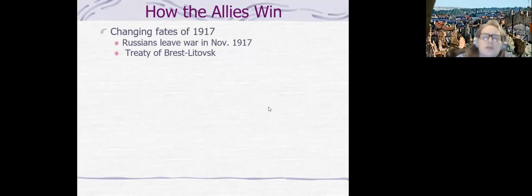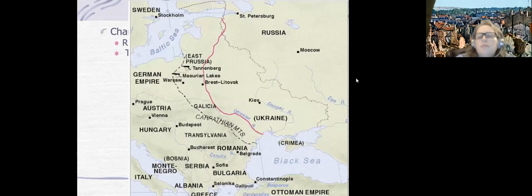Now, the Treaty of Brest-Litovsk is a really nasty piece of business in terms of a treaty. Yes, the Russians are losing and need to get out of the war, but the treaty terms are going to be pretty egregious.